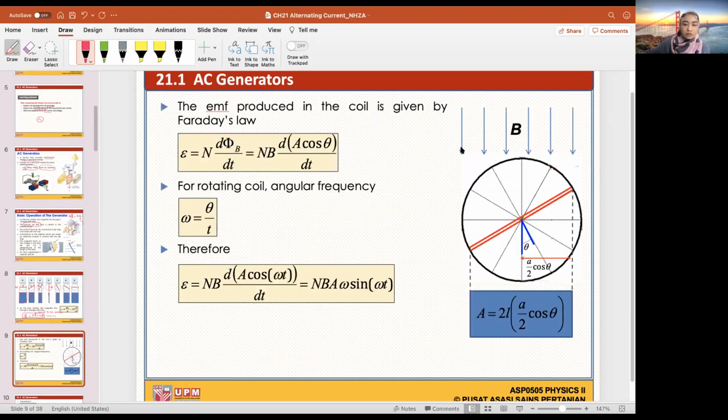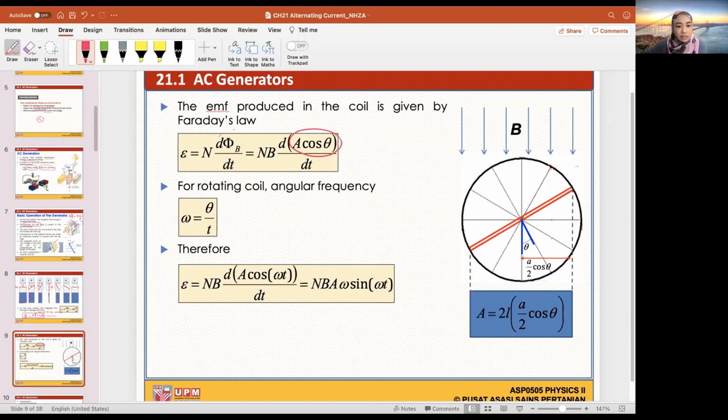Okay. So the EMF produced by the coil is given by Faraday's law. So N change in magnetic flux over time. When I expand this equation, I get NB dA cosine theta. Remember our coil is rotating. So either I can say my area is changing, or I can say that the angle is changing. In this case, it's easier to say that the angle is changing.